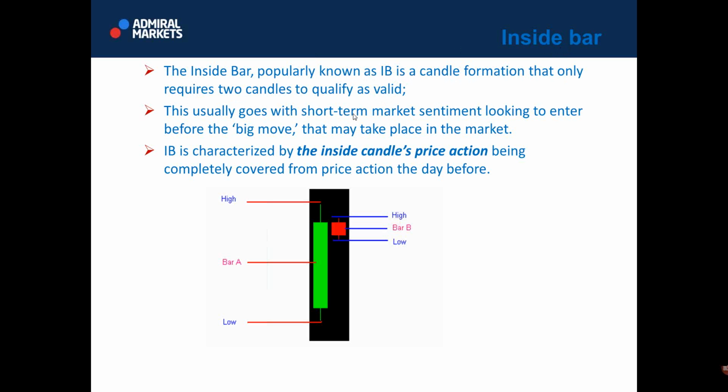This usually goes with short-term market sentiment looking to enter before a big move that may take place in the market. So many traders use inside bars around important support and resistance levels. An inside bar is characterized by the inside candle's price action being completely covered by the price action of the day before.